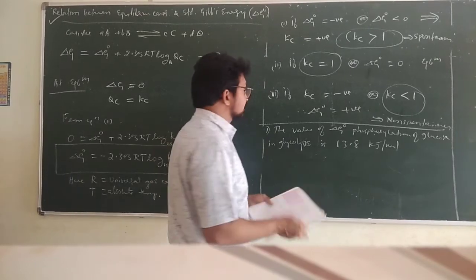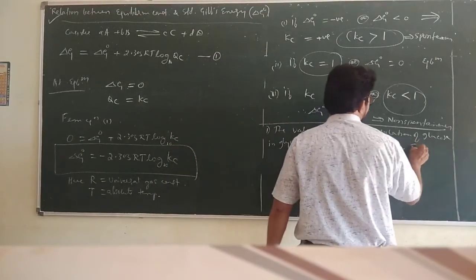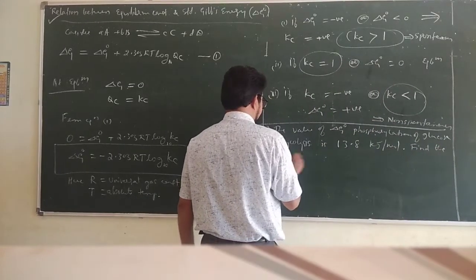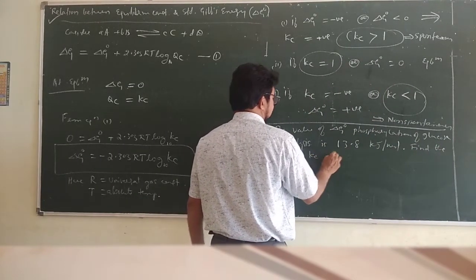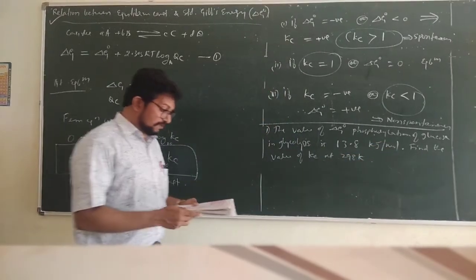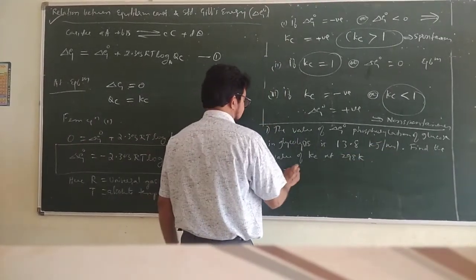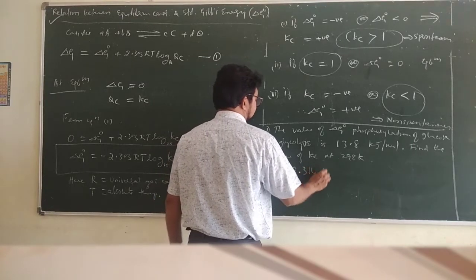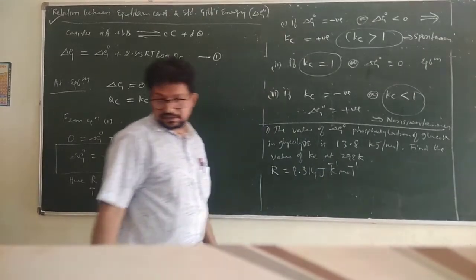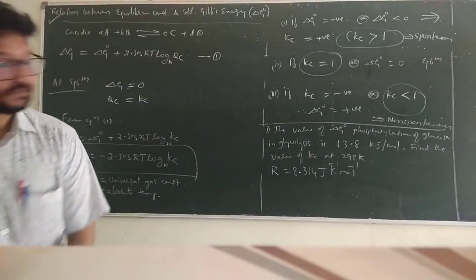Find the value of Kc at 298 Kelvin. This is the question. R value will be given: R is equal to 8.314 joule per Kelvin per mole. So this is the problem.